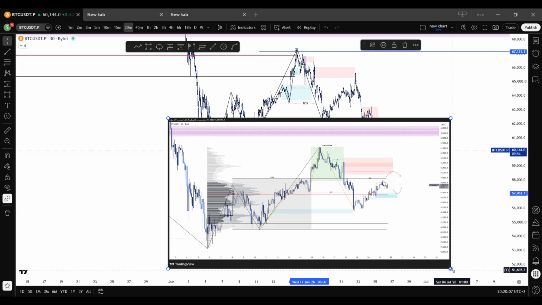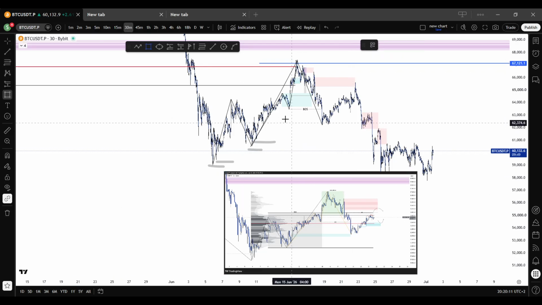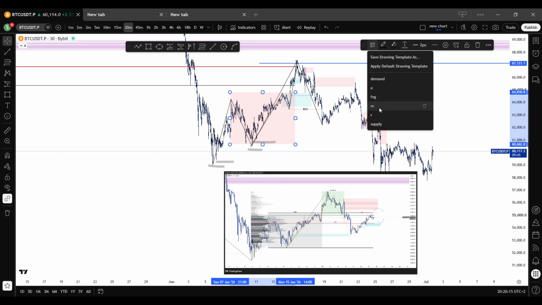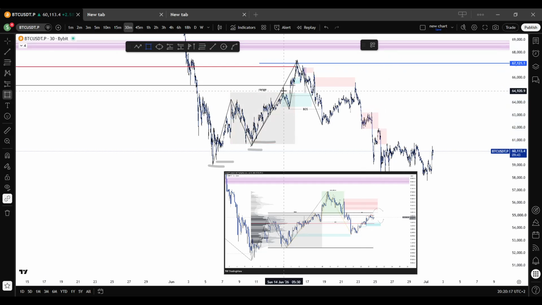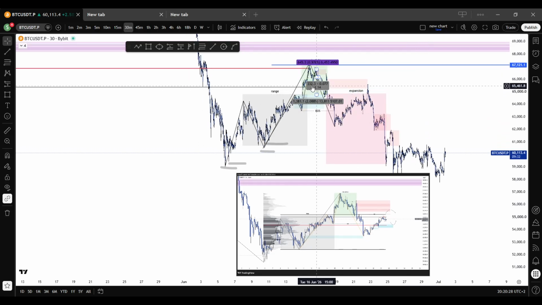And how I was looking at this range was like a pure freeze, where this was our range, this was our manipulation, and this was our expansion phase. You can clearly see that this manipulation happened outside of this range, and we dumped back inside this range, confirming it.